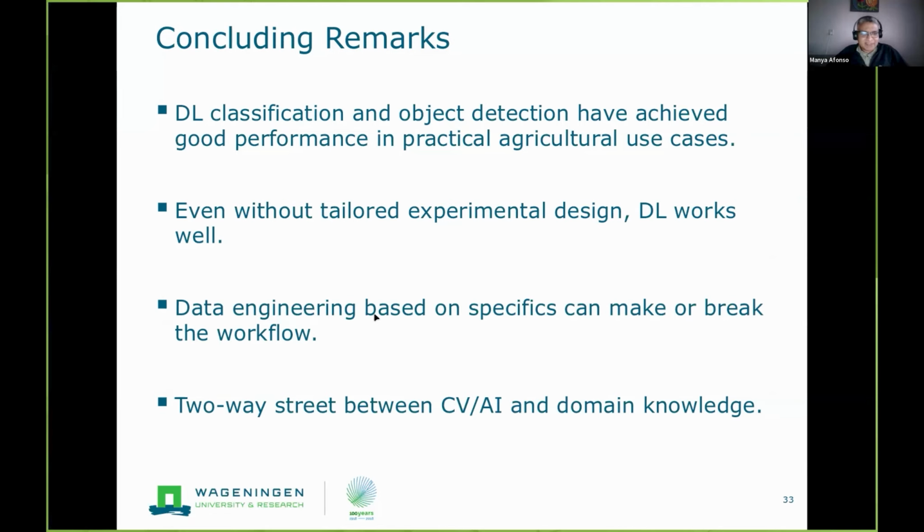And finally, it's a two-way street between the insights gained from computer vision AI and the domain knowledge, in that the actual results from AI can be informative to the core domain, but also the inputs from the core domain need to be taken into account for things like the experimental setup.